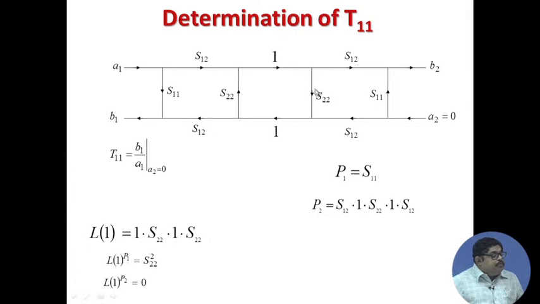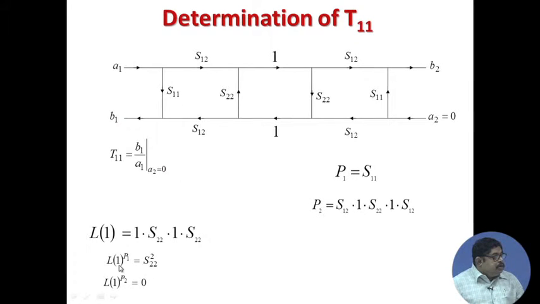This is a loop. Again, this is not a loop. So there is only one first order loop, that is S22, that we have written as L1. Obviously, since there is only one L1, there is no L2, L3, etc.